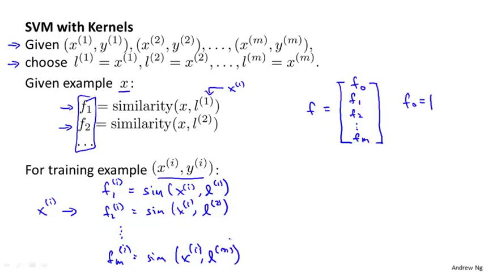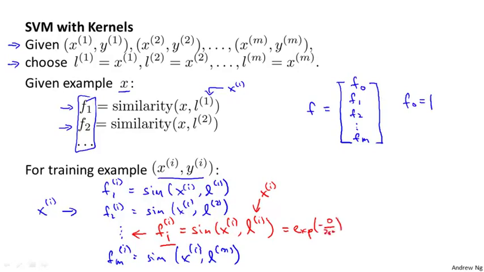And somewhere in the middle of this list, at the i-th component, I will actually have one feature component, f subscript i, which is going to be the similarity between x and Li, where Li is equal to xi. And so, fii is just going to be the similarity between x and itself. If you're using the Gaussian kernel, this is e to the minus 0 over 2 sigma squared, and so this will be equal to 1. And that's okay: one of my features for this training example is going to be equal to 1.